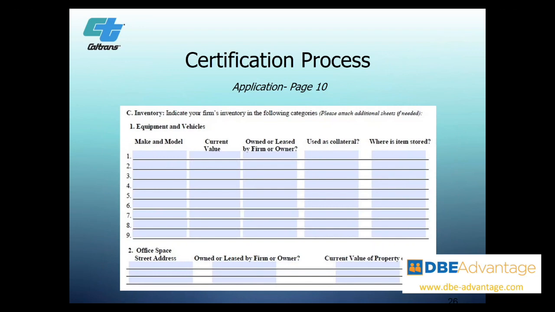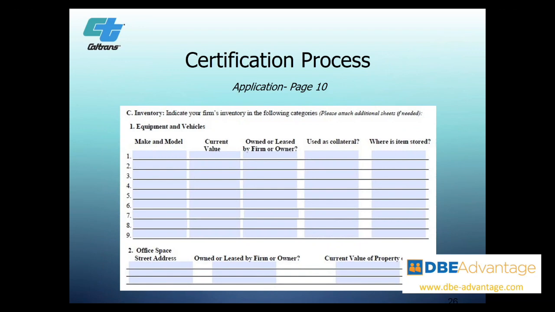Moving on here now to equipment and vehicles. This is more important for firms that are either equipment suppliers, material suppliers, or construction firms that have equipment and/or vehicles, for a couple of reasons. It's important that you identify the make and model of your equipment and/or your vehicles, and describe whether you own them or lease them.